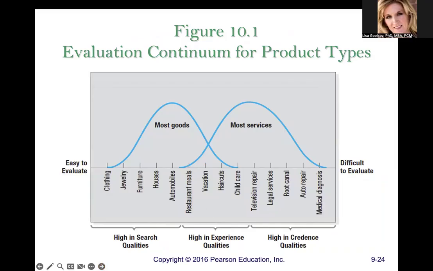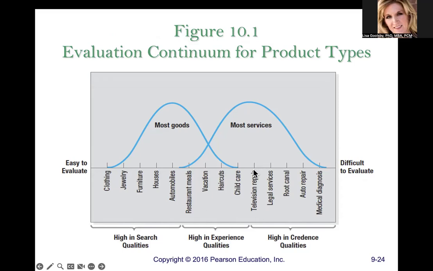I have a slide that shows you the continuum for product types. If we look at most goods, easy to evaluate, you have clothing, jewelry, furniture, high in search qualities. Things like restaurant meals, vacations, haircuts, childcare are high in experience qualities.